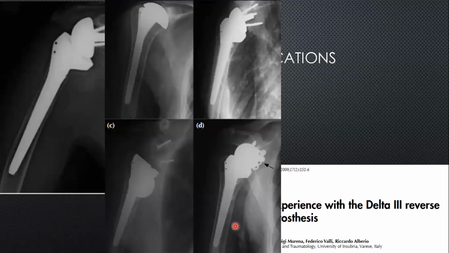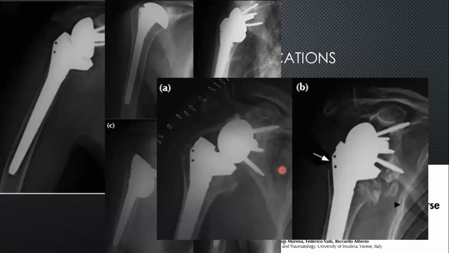Another problem was that because of the loosening, the entire force was converted into the implant, and commonly these screws would break off, not able to handle the force and the pressure. So revision surgeries involving plating of the glenoid and refixing of the glenoid component were common. Also, heterotopic ossification was found to be very high, in association with resorption of the greater tuberosity area here.